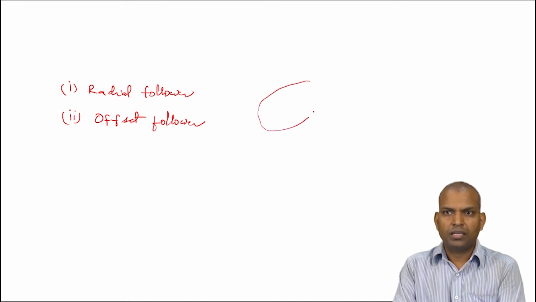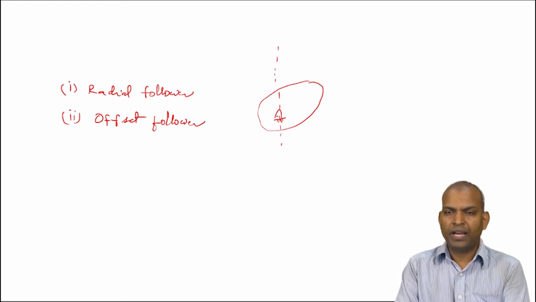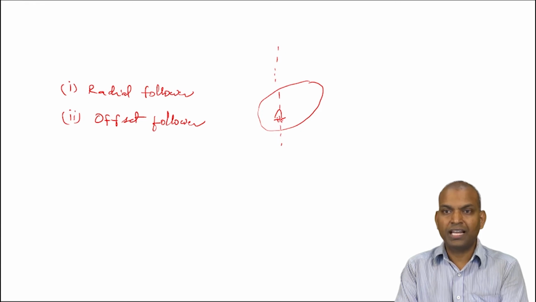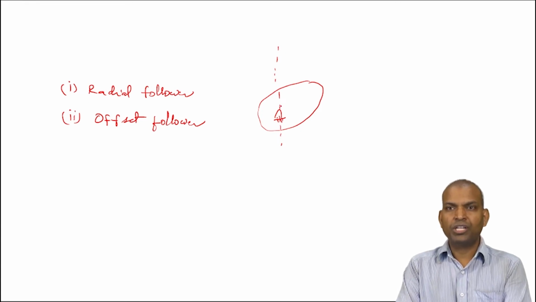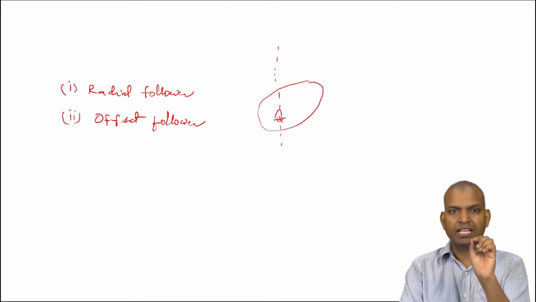Suppose this is the cam, and this is its axis. The line of action is the radial axis. The normal to the cam's surface is along that axis.